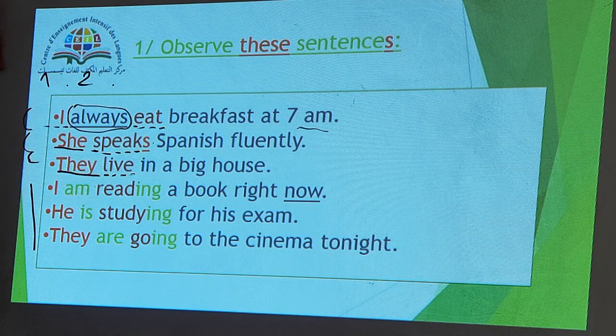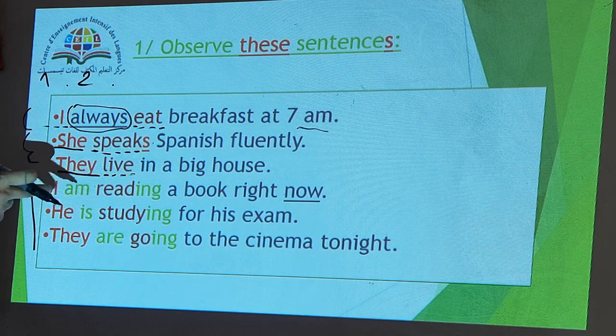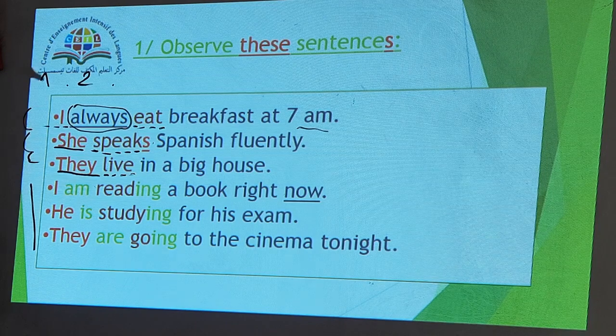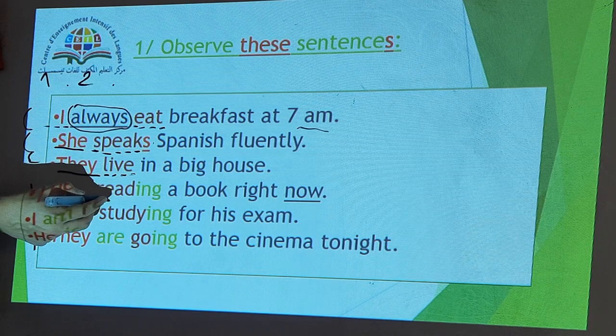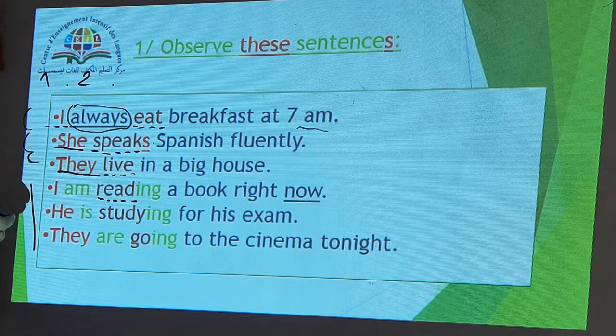Let's spot the main verb. I am reading a book right now. Okay? So, our verb in this sentence is the verb to read.